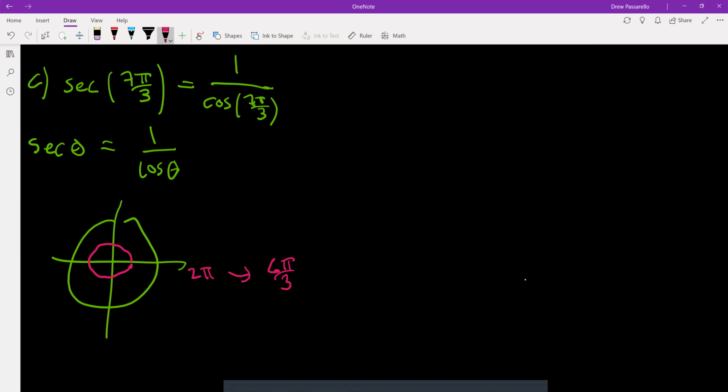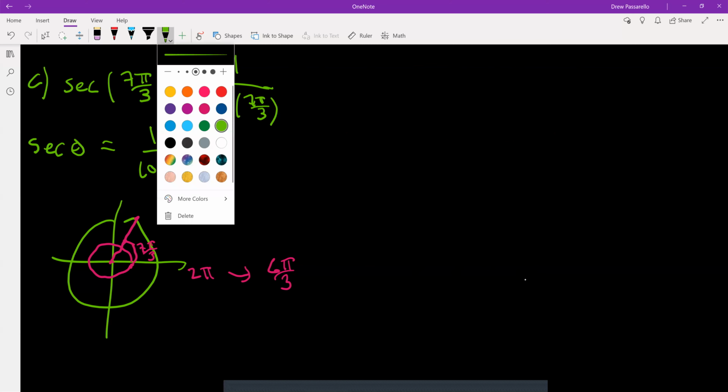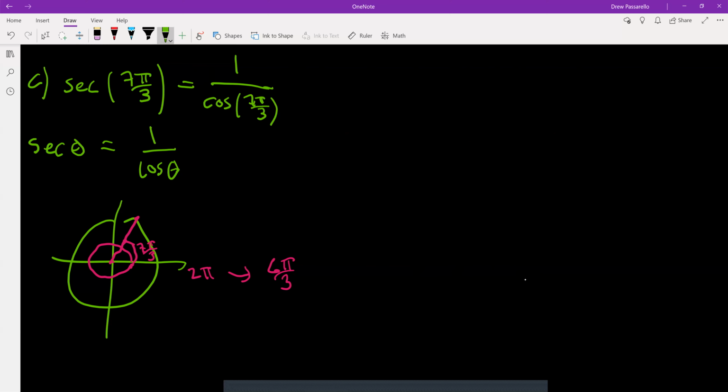To get to 7 pi over 3, I just go pi over 3 more, which puts me at the same position as pi over 3. It's the same position on the unit circle as just pi over 3, and that has coordinates 1/2 comma square root of 3 over 2.